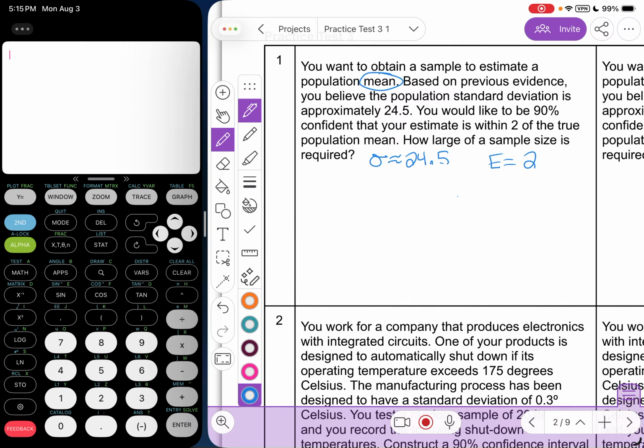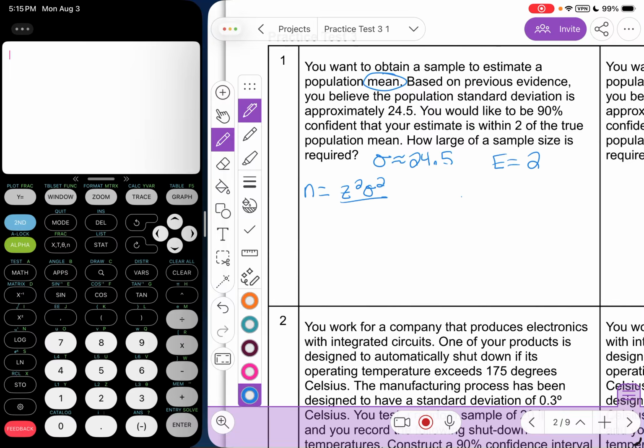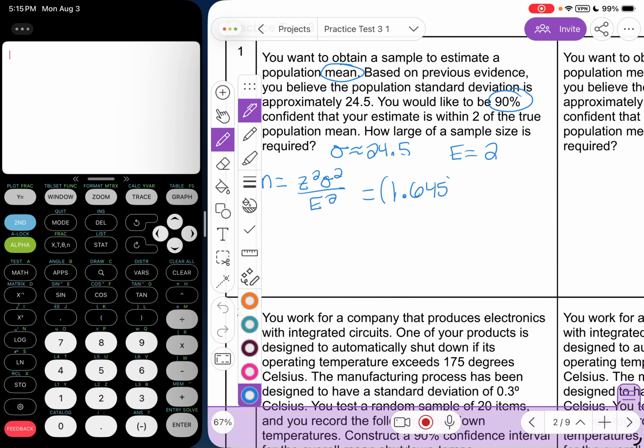So because we're given the standard deviation, we're going to use the n equation that has standard deviation in it. So this is that equation. Z is our critical value, and the one that goes with 90% is 1.645. So we would do that squared. The standard deviation is 24.5 squared from the problem.